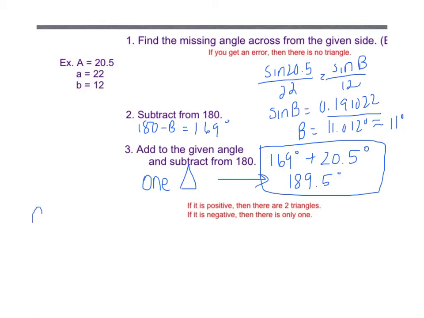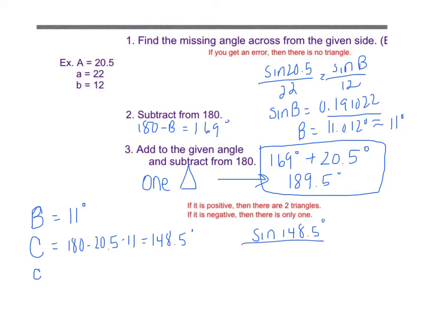Well, we have B, we're looking for C, and we're looking for side C. And so we found angle B. Angle B was 11 degrees. We can find C by just taking 180 minus 20.5 minus 11, and that's going to give me 148.5 degrees, which is rather large. And then to find C, I just take the sine of 148.5 degrees over side C, and then I'm just going to go back and use the original.